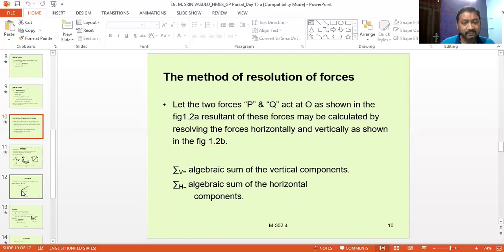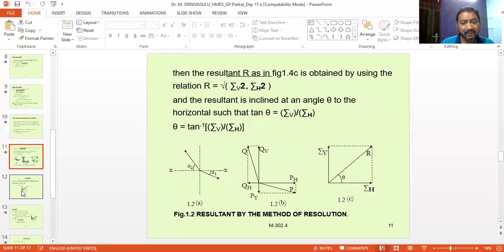For example, if only two forces P and Q are acting, then the resultant found by using the parallelogram law of forces and by using the method of resolution of forces will be the same, both in magnitude and direction.